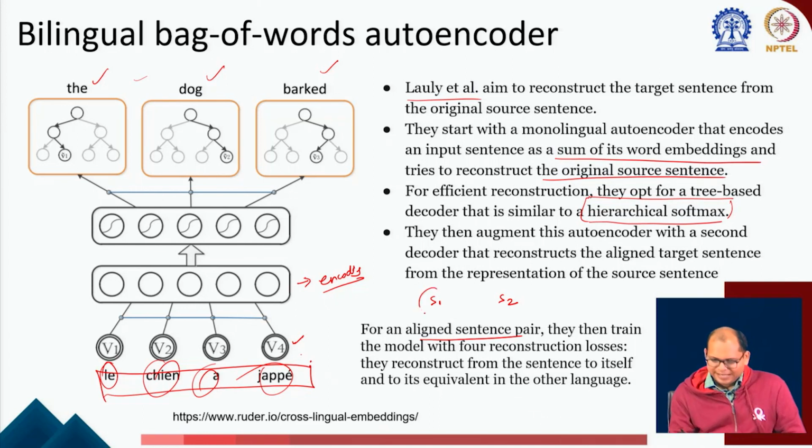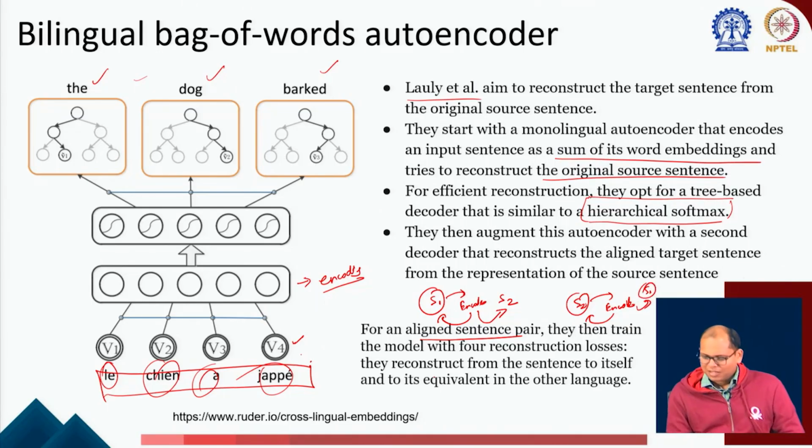You take S1, encode it, and predict all the words of S1, and predict all the words of S2, two different losses. Similarly, you can use S2, encode it, predict all the words in S2, and also predict the words in S1. So they have 4 different reconstruction losses that they used, and that is how they learned the representation.